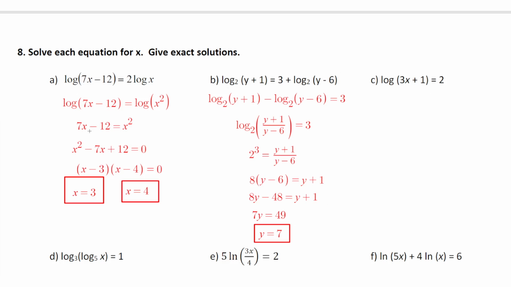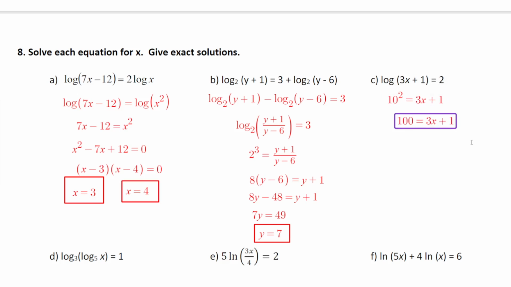Letter C is going to be one where we have to invert the equation and rewrite it as an exponential equation. Whenever you don't see the base of the logarithm, it is assumed to be 10. So I'll have 10 to the power of 2 equals 3x plus 1. 10 squared is 100.